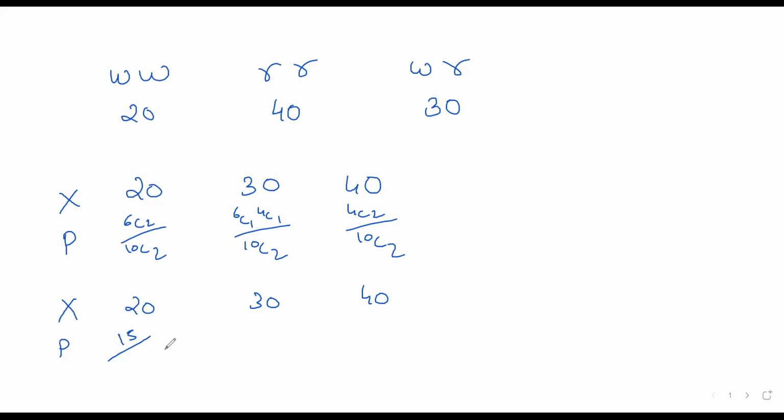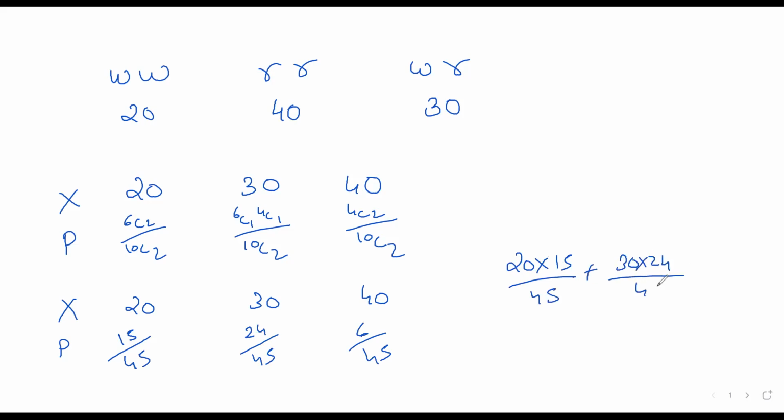And now we will find out the expected value. That is 20 into 15 by 45 plus 30 into 24 by 45 plus 40 into 6 by 45.